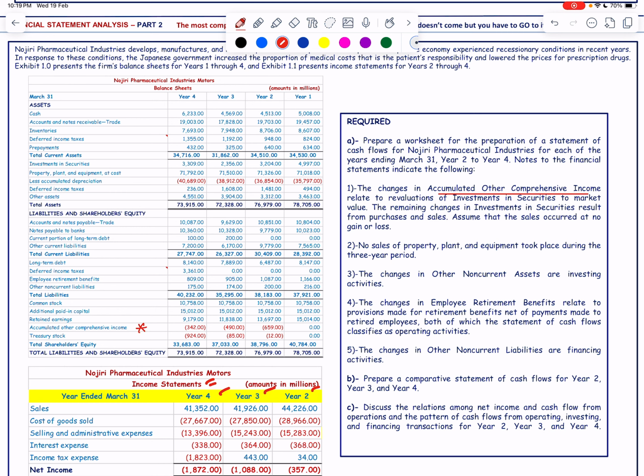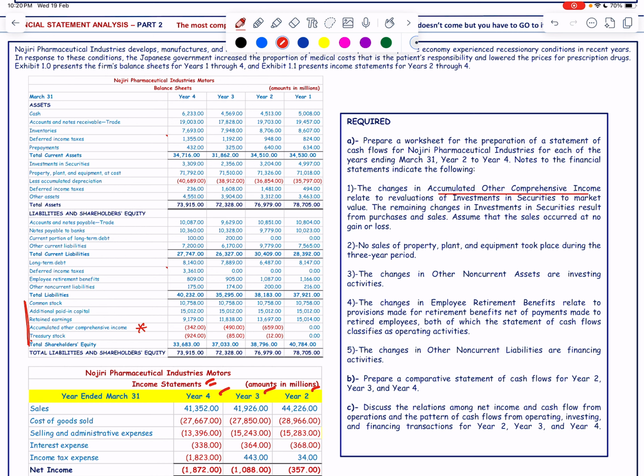Now this OCI is recorded in the equity section, as you can see, of the balance sheet, and this includes items like foreign currency translation adjustments, unrealized gains or losses on available for sale securities, and pension liability adjustments. However, since OCI does not involve cash transactions, it is not included in the cash flow statement directly.